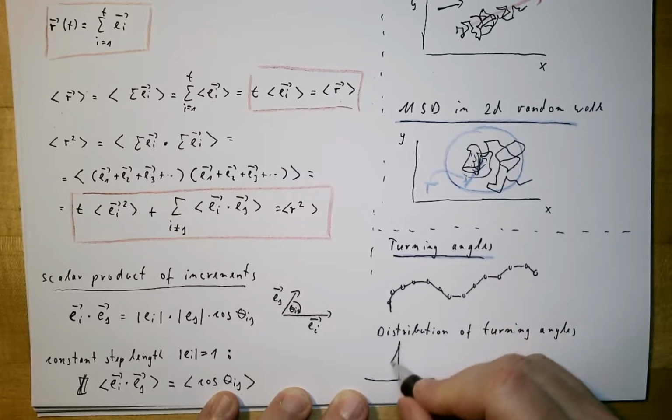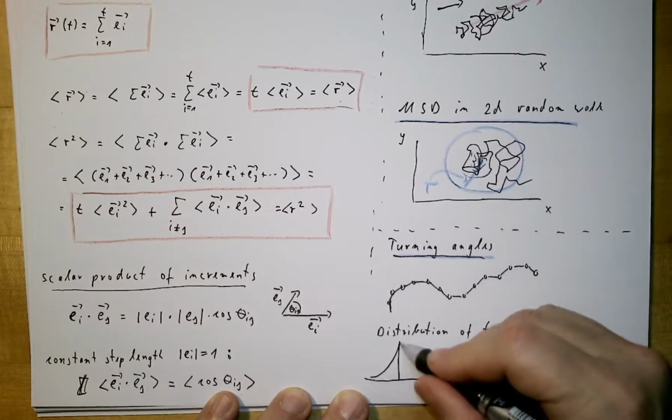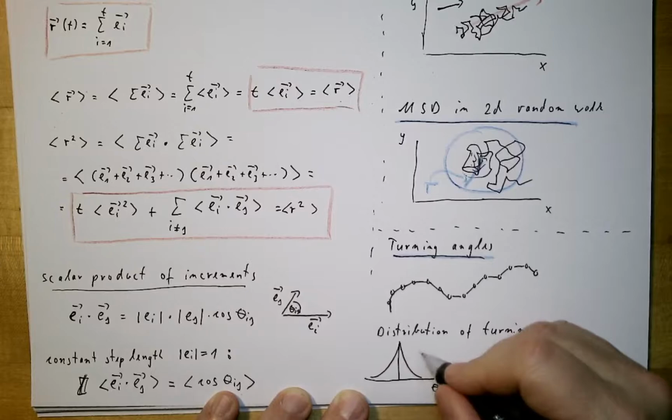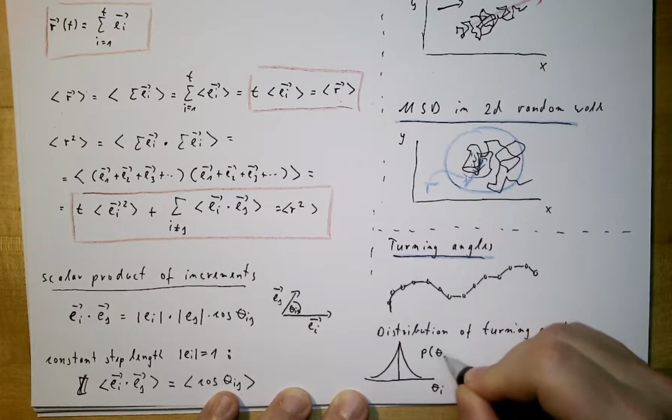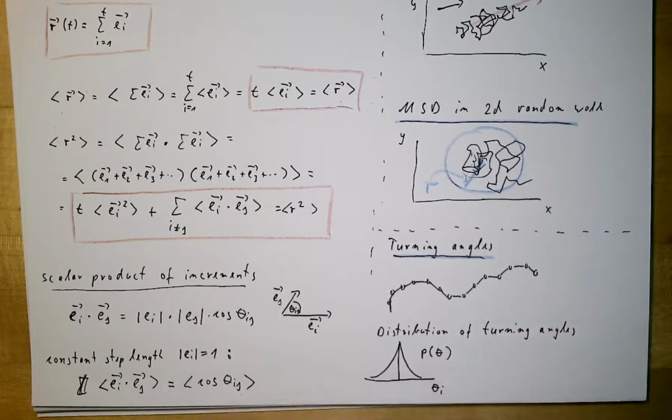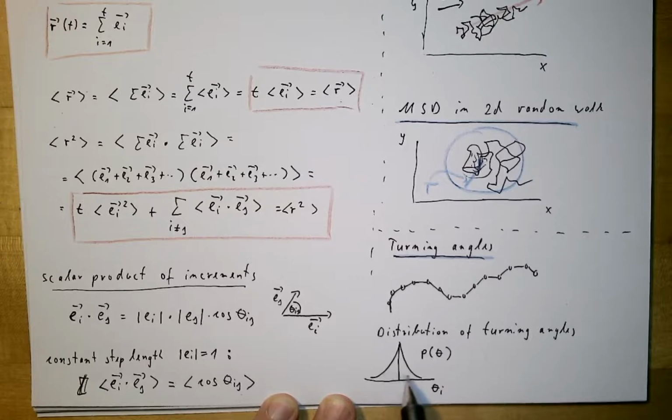And then we obtain very often something like this: P of theta, the distribution of turning angles. Most of the time the turning angles are very small, and very often this distribution is symmetric, so turning to the right or clockwise or counterclockwise has the same probability.